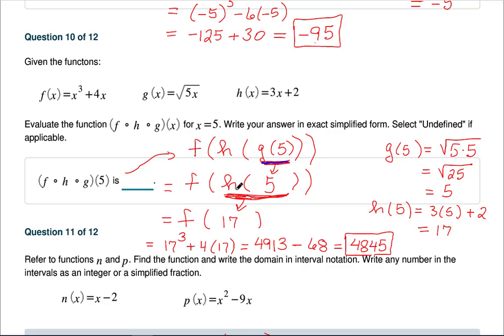It now goes into h because h is next. So h of 5, here's h. 3 times 5 plus 2, and I get a 17. The 17 now goes into f, and it's 17 cubed plus 4 times 17, and we've got some fairly large numbers.